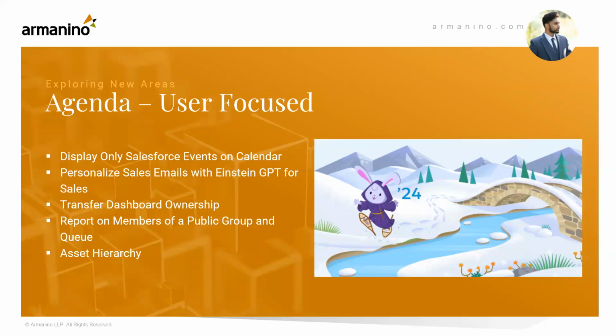After that, it will be how to personalize sales emails with Einstein GPT. So this is something with the whole AI, as I mentioned. After that, how to transfer dashboard ownership and the new feature behind that. Along with that, we have reports on members of public groups and queues, and then also asset hierarchy. So this is more user focused.